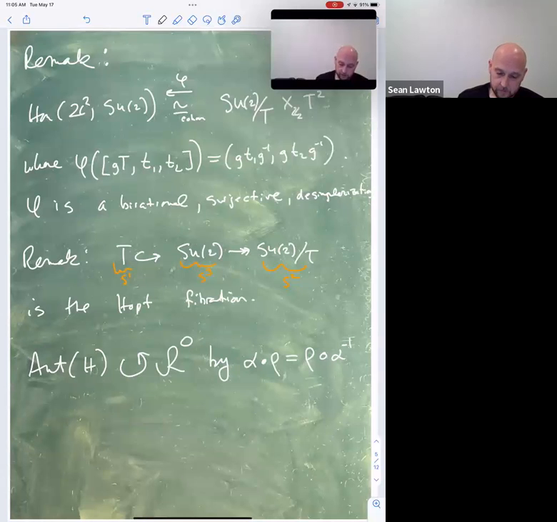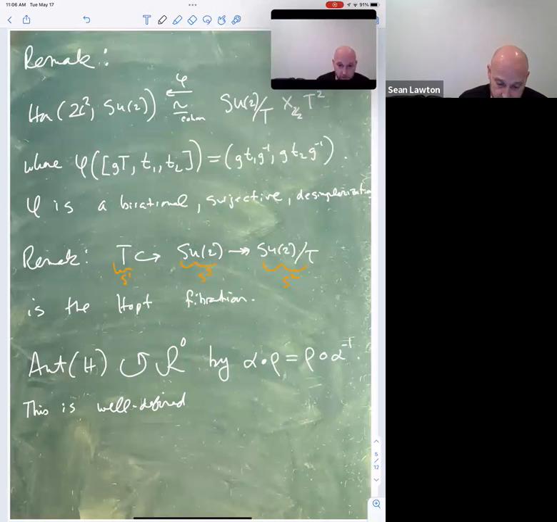And this is well defined. Well, I mean, it's certainly well defined here. There's nothing else to say. But on the identity component, you have to say something, right? It's not much to say.